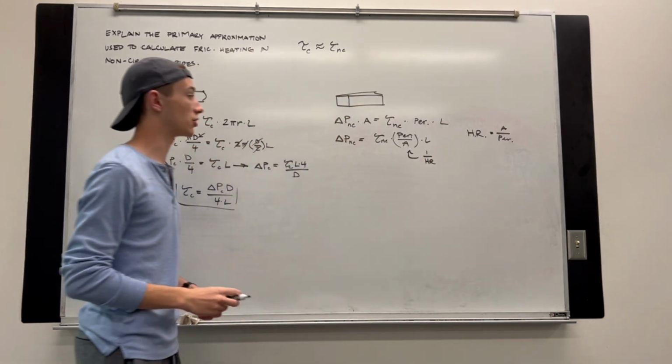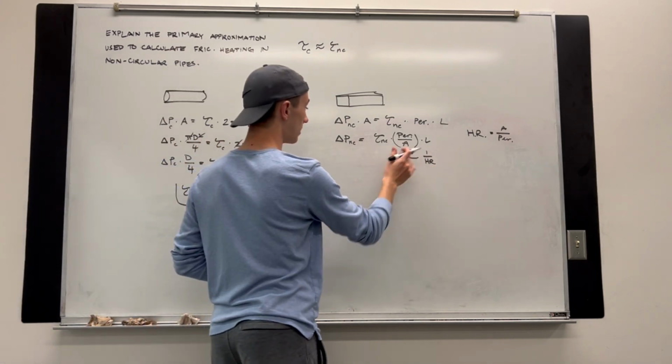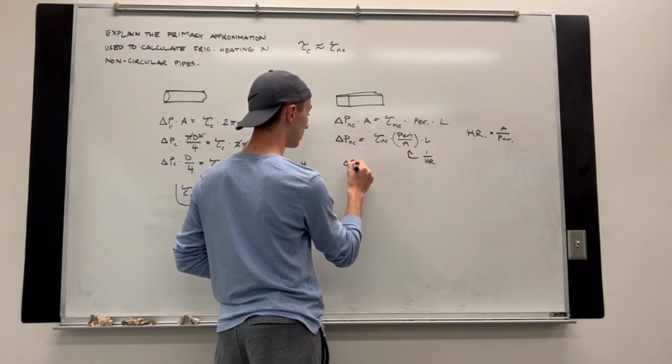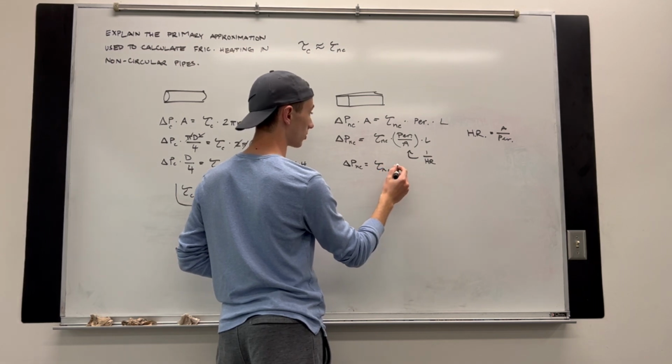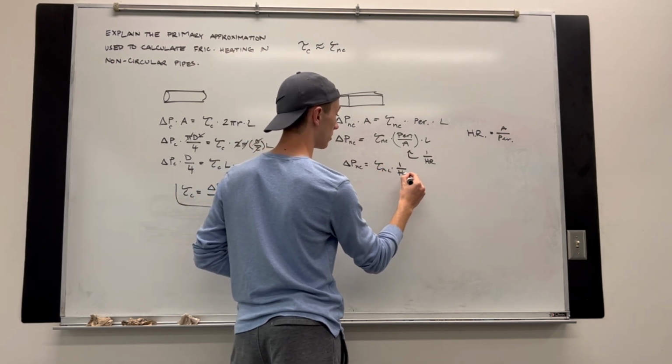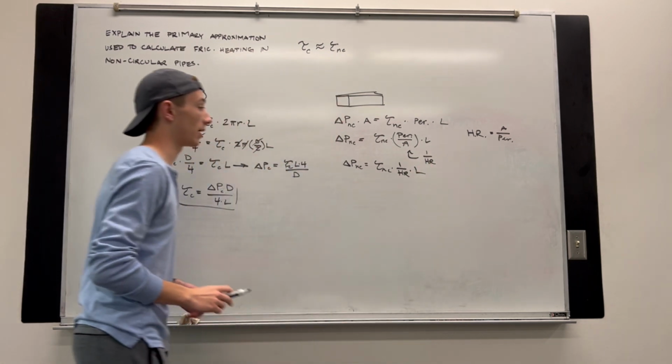1 over HR. So if we substitute that in there, we get delta P for the non-circular pipe is equal to the shear stress in the non-circular pipe times 1 over the hydraulic radius times the length of the pipe.